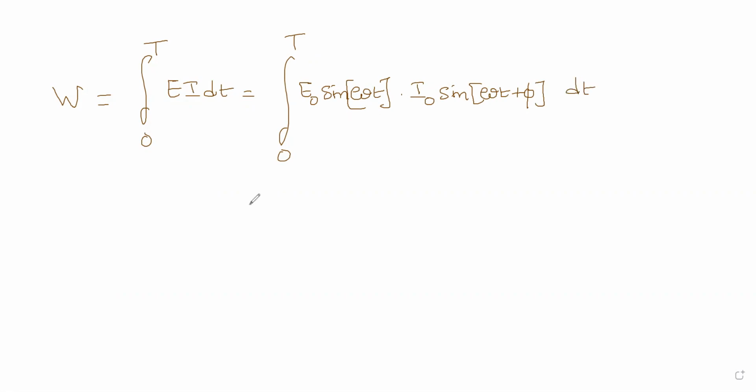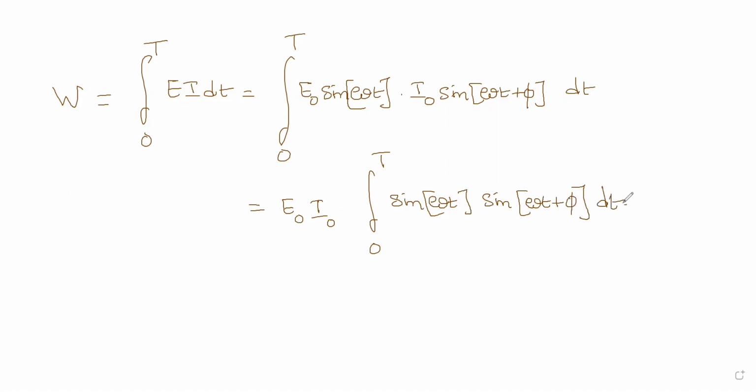So E naught into I naught is what you get, integral 0 to t of sine omega t into sine of omega t plus phi dt. And now this integral we have to evaluate.